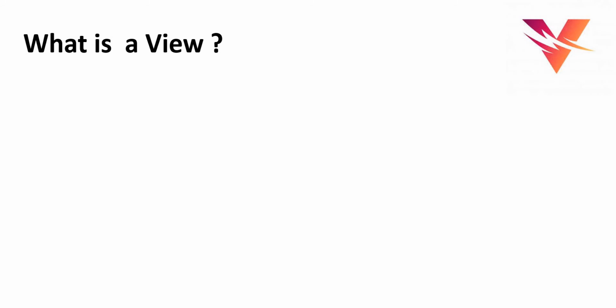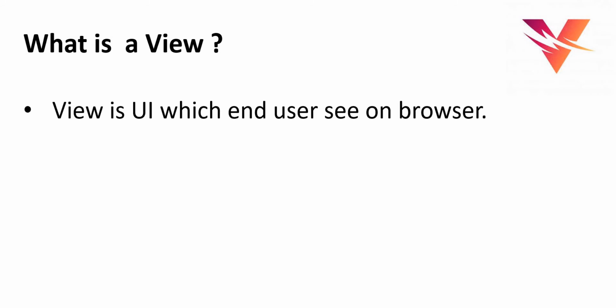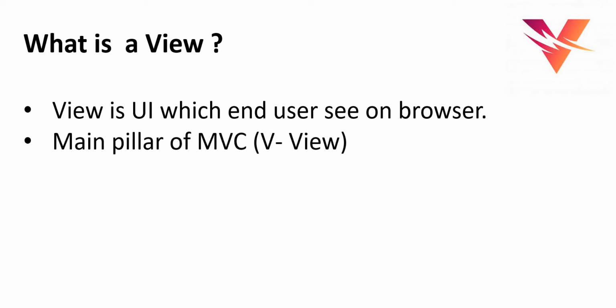So let's start with what is a view. A view is nothing but a user interface which the end user sees on his machine, that is on the browser, right? And view is the main pillar of MVC, that stands for view. And a view is a combination of both C Sharp and HTML language.